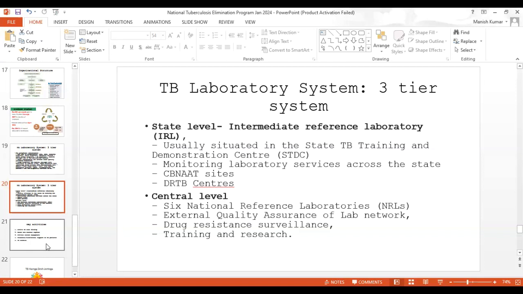So if you people are free and interested, you can always read about the integrated public health laboratories, IPHL guideline.